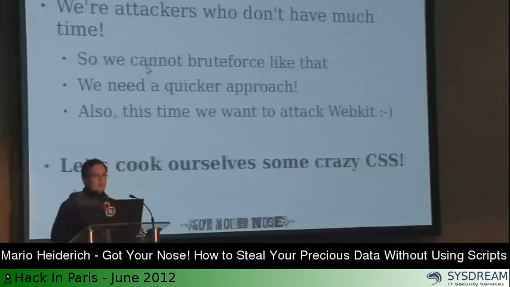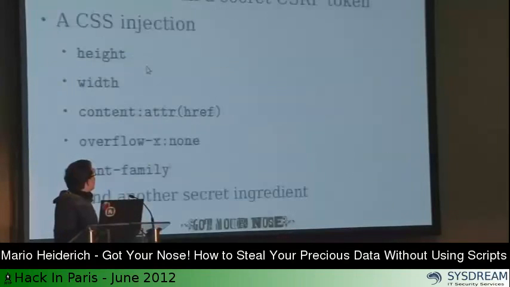We need something quicker. And I came up with an attack that is working on WebKit. I decided to cook some crazy CSS and to find out whether it works, and it actually worked. So let's have a look. We need some ingredients here to extract sensitive data such as CSRF tokens only using CSS. The first ingredient is height. Harmless, right? It's just the height. Then we have width, also harmless.